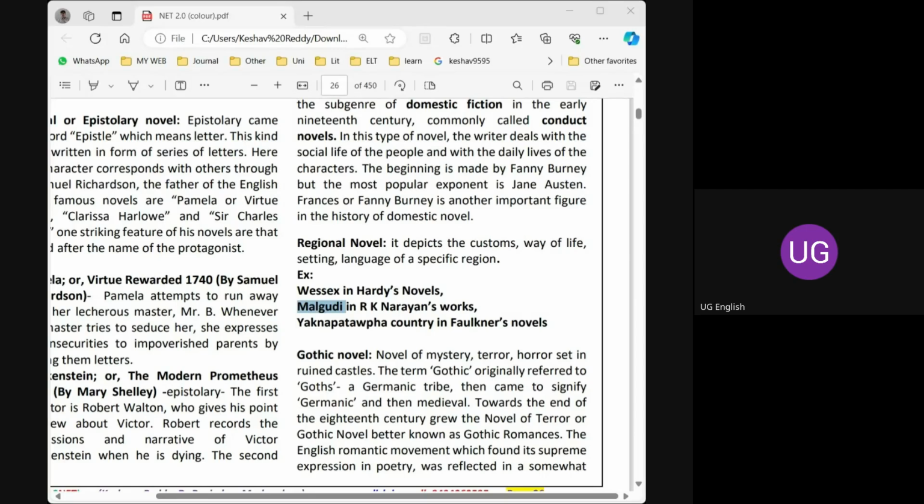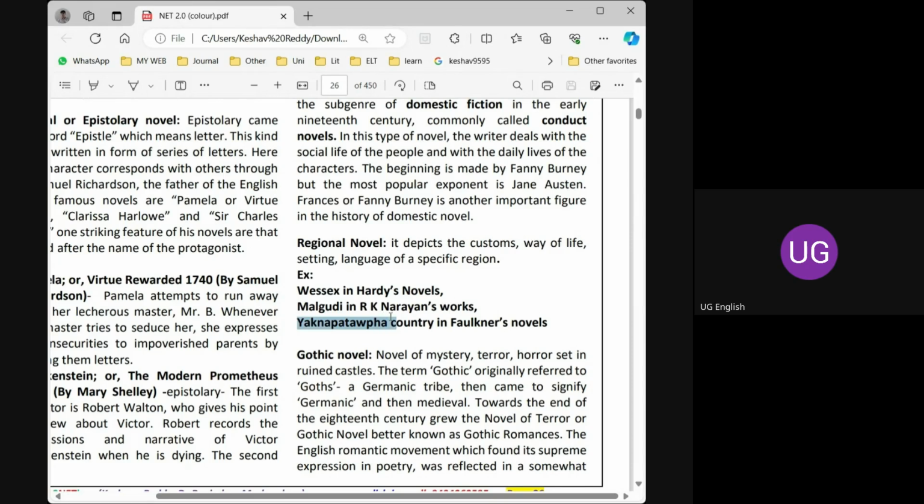Rasipuram Krishnaswami Narayan, one of the famous or important writers of Indian English literature. Malgudi is a place, a town, a village created by R.K. Narayan in his novels. It's an imaginary world, not a real one. And Wessex is a frontier in Thomas Hardy's novels.